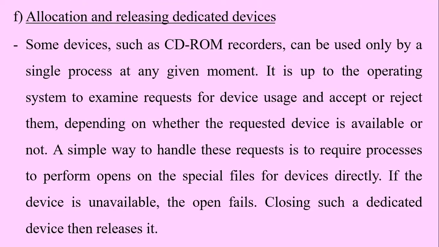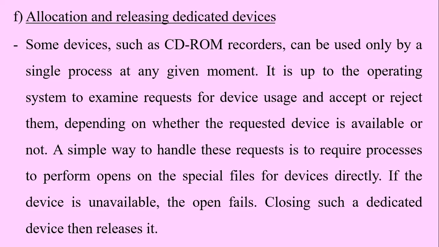Number 6 is allocation and releasing of dedicated devices. Some devices, such as CD-ROM recorders, can be used only by a single process at any given moment. It is therefore up to the operating system to examine requests for device usage and accept or reject them depending on whether the requested device is available or not.